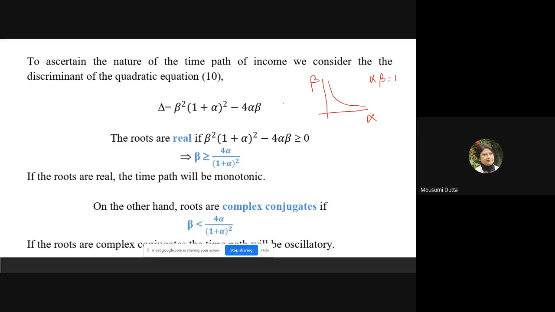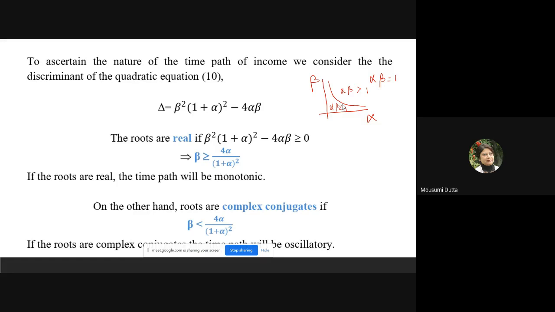So in this zone, alpha beta will be greater than 1 or beta greater than 1 by alpha, and in this zone alpha beta is less than 1. So if I have any time path in this zone, that will be convergent in nature. It can be monotonic, it can be oscillatory.